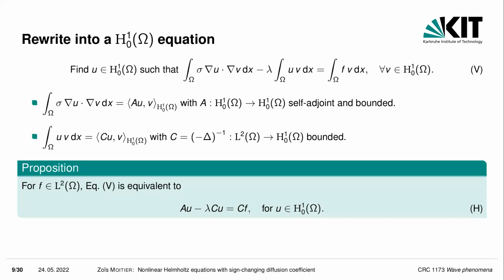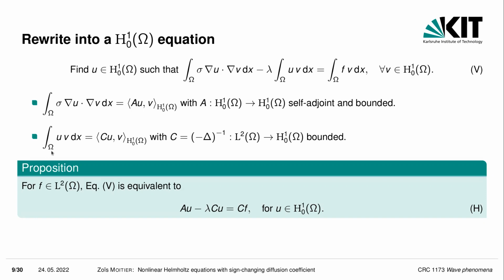Okay, so now I need to know a little bit about the linear part of my equation. And so I will transform my variational equation into an equation on H10. And this is done by the Riesz theorem. So this is actually A(u, v), where A is a self-adjoint and bounded operator from H10 to H10.